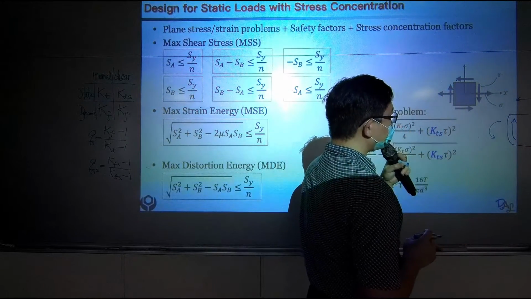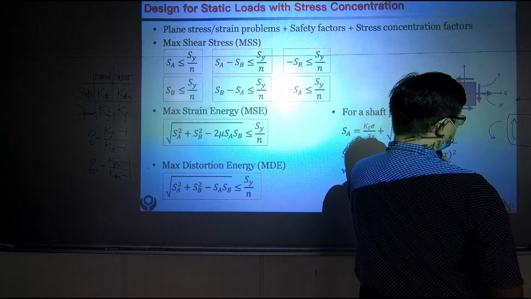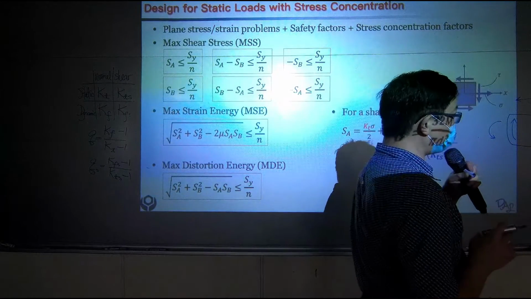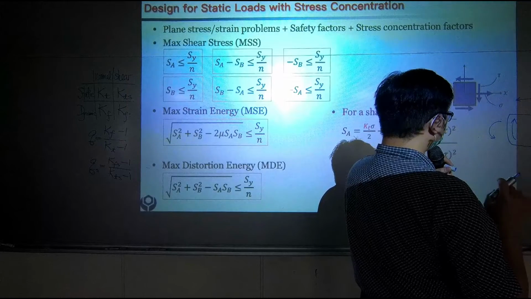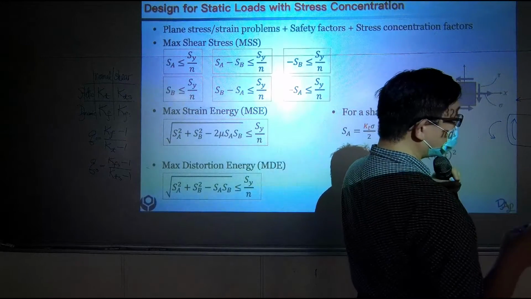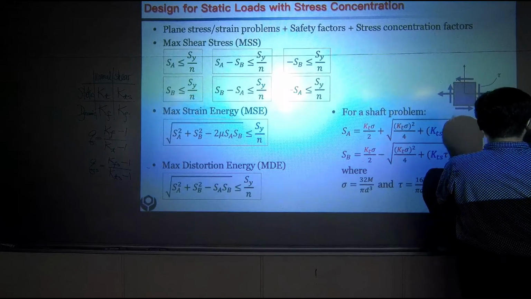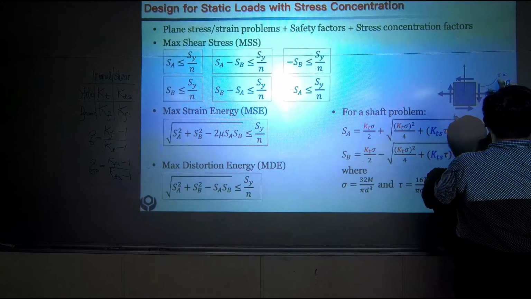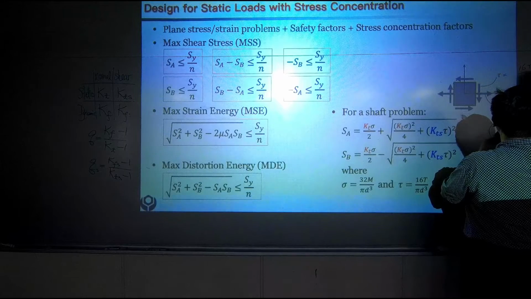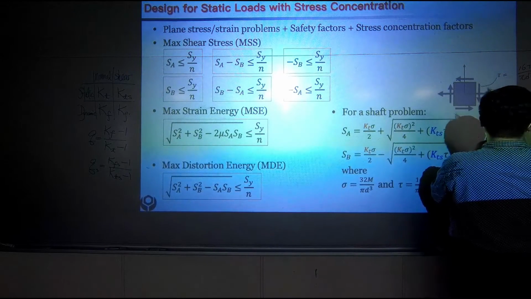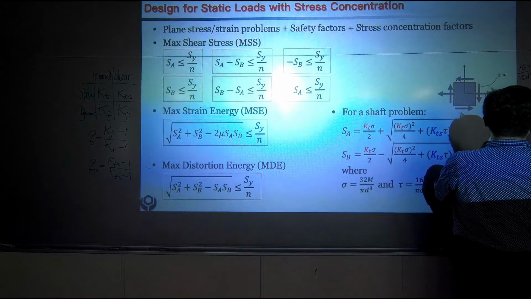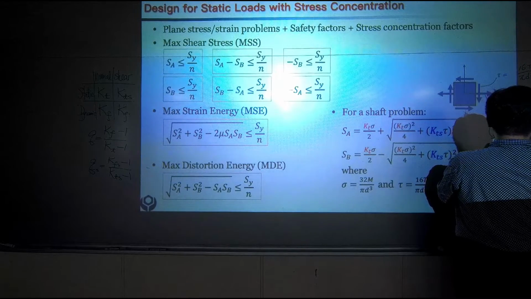Okay? And we cannot just analyze the way we did earlier, because we know stress concentrates. Without stress concentration, we know this is 16T over pi d cubed, and this is 32M over pi d cubed.